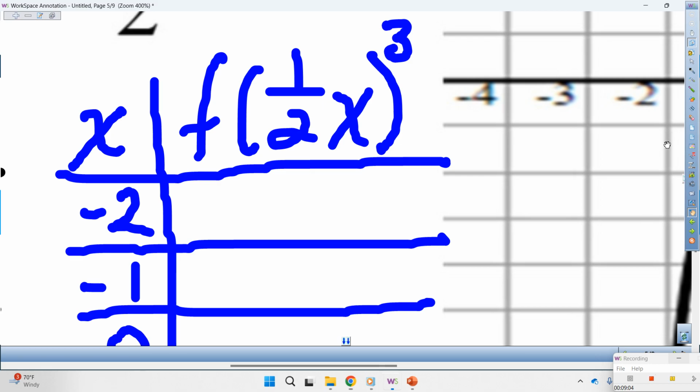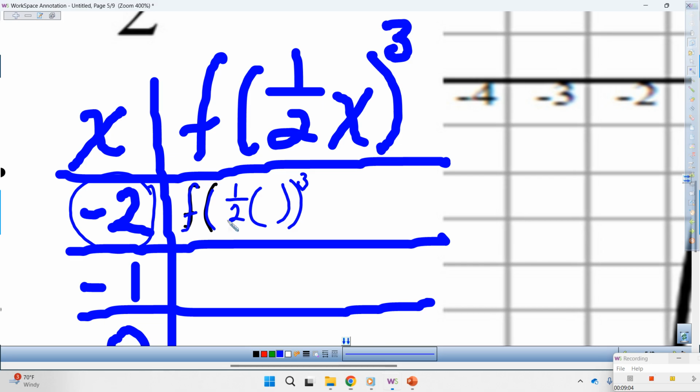So, f of, let me change color, sorry. F of 1/2 times x cubed. All right, so what is my x? Negative 2. So that gives me, I'm not going to use the f anymore.